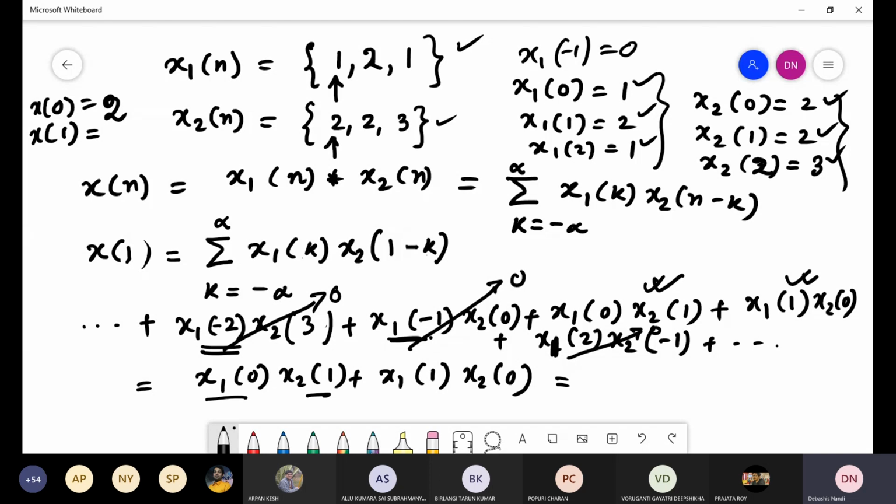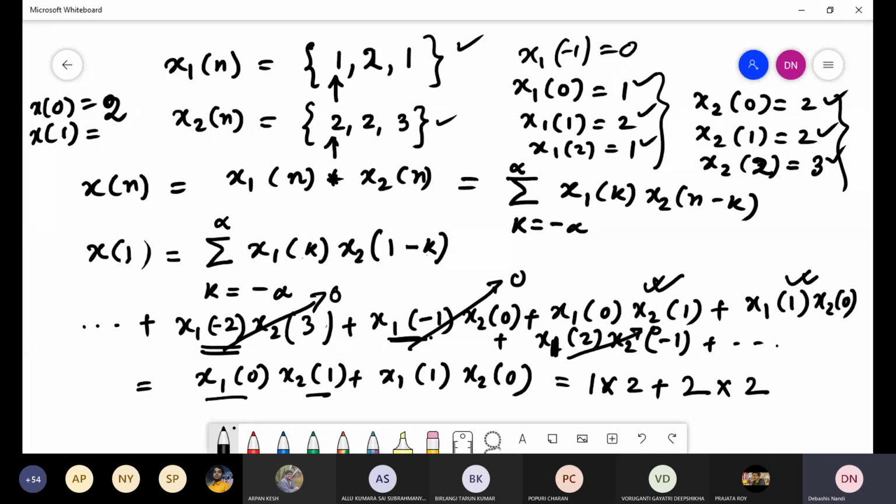Okay, so in this way you can get x1. For this case, suppose x1[0] is equal to 1, then into x2[1] is equal to 2 plus x1[1] is equal to 2 into x2[0] is equal to 2.